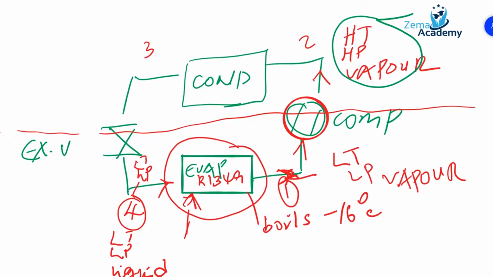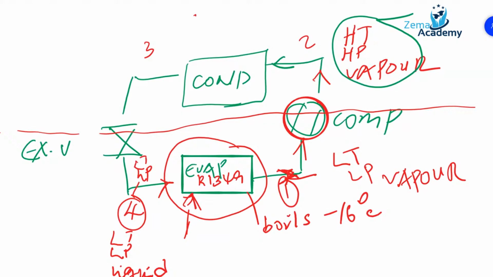Imagine you have high temperature and high pressure vapor that you can use for different applications, whether for space heating or for hot water, depending on the application. But the only way to extract that heat is to pass it through a condenser, sinking that high temperature and high pressure.